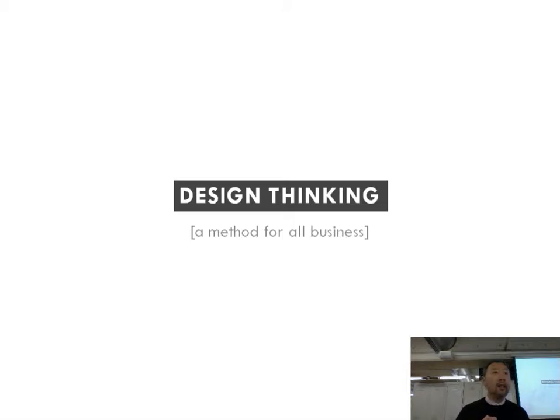So iterative just means doing something, assessing it, doing it again, assessing it again, and just using what you learned from the one you did before to move on to the next one. And this process moves on until you get to a point where you've got something that works well.